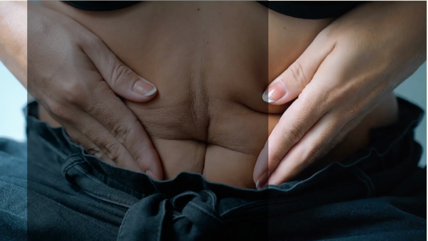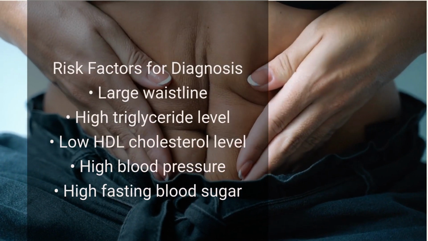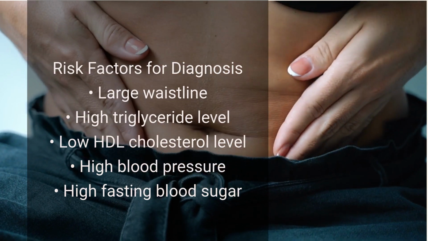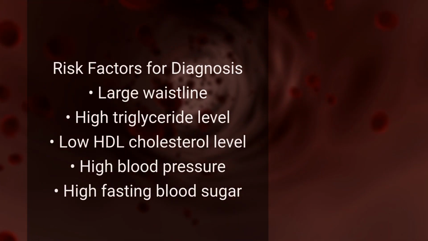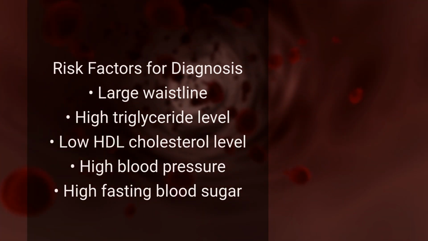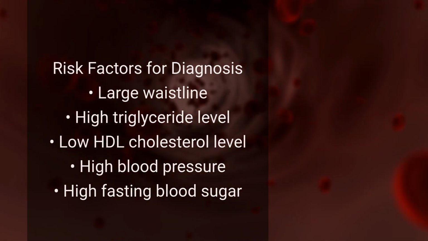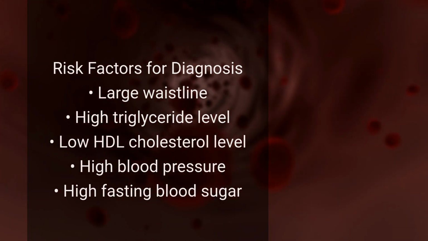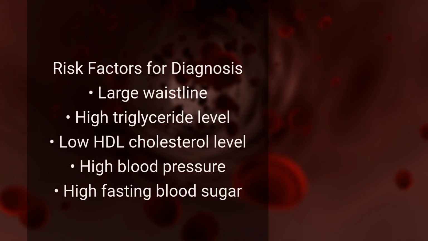A large waistline, which means a waist measurement of 35 inches or more for women, 40 inches or more for men. 2. A high triglyceride level, which is 150 mg per deciliter or higher. 3. A low HDL cholesterol level, which is less than 50 mg per deciliter for women, and less than 40 mg per deciliter for men.